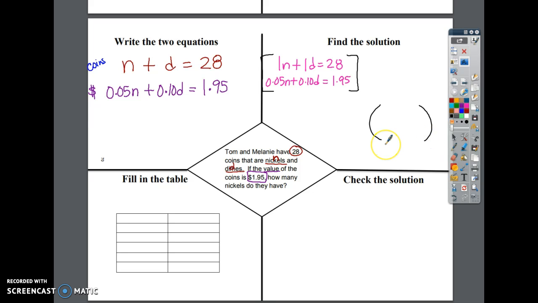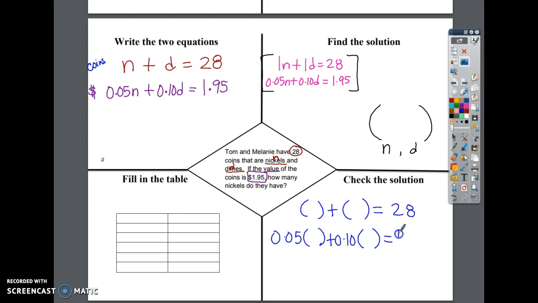Remember, we wrote down the nickels first, so the first number here will be nickels, and the second number will be dimes. Okay? When you check the solution, you're going to use these equations, okay? So nickels plus dimes equals 28, and 0.05 nickels plus 0.10 dimes equals $1.95. Okay, put the numbers in there and check.